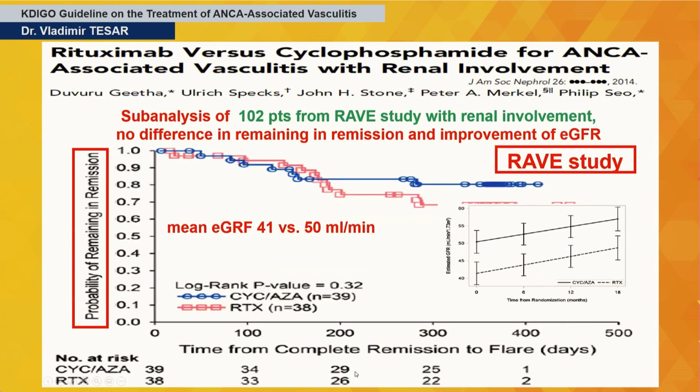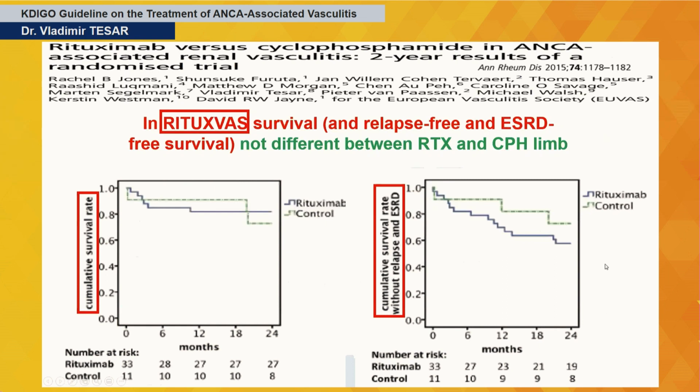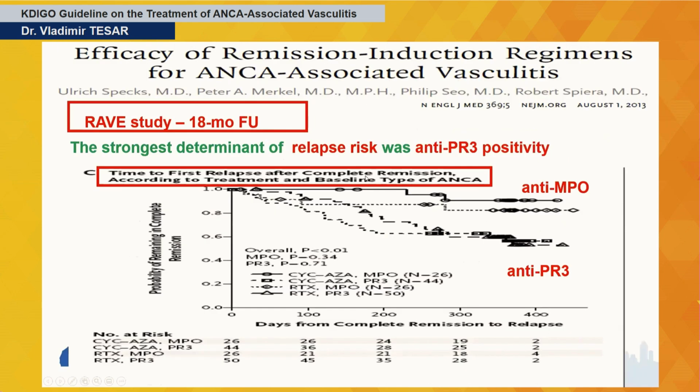Since 2012, new data on rituximab were obtained. Sub-analysis of renal patients from RAVE once again confirmed that even in patients with more severe disease, rituximab is effective, and there is a similar increase of eGFR during the follow-up. And the data from RITUXVAS showed that there was no difference in terms of relapse-free and ESRD-free survival between the patients treated initially by rituximab and cyclophosphamide.